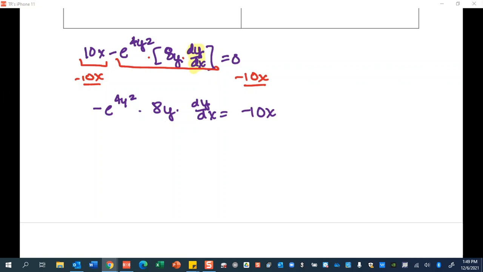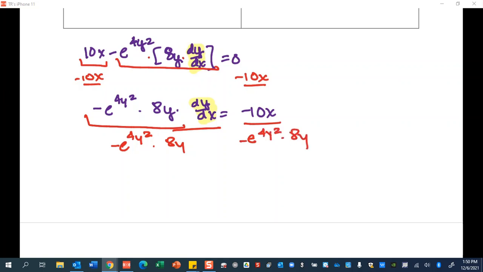So now what I'm going to do is, since I need to get this by itself, and everything here is one term, that's being multiplied, I'm just going to divide by whatever I want to get rid of. Negative e to the 4y squared times 8y. So on this side, this all cancels out, right? And I end up with dy/dx is equal to, so let's talk about what cancels out here.